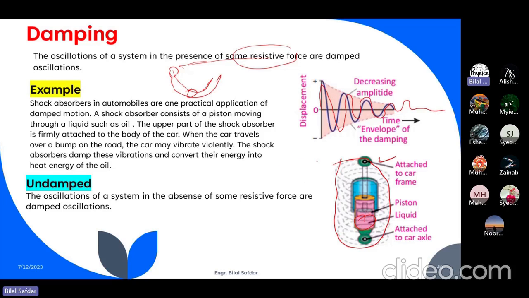If there is a jump in front of a car, the car is moving and the jump is absorbed in the shock. If the shocks are in very good condition, then the jump is not felt like that.